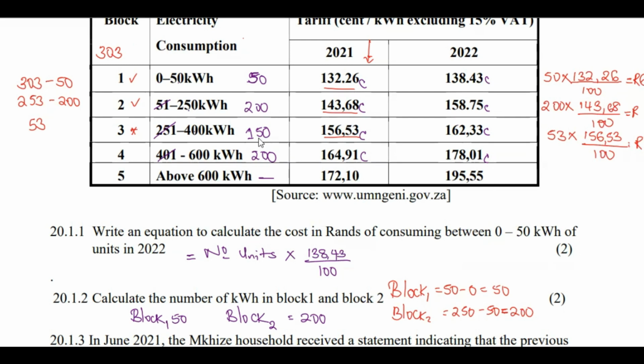Then 200 times 143,68 divided by 100. That gives 287,36.